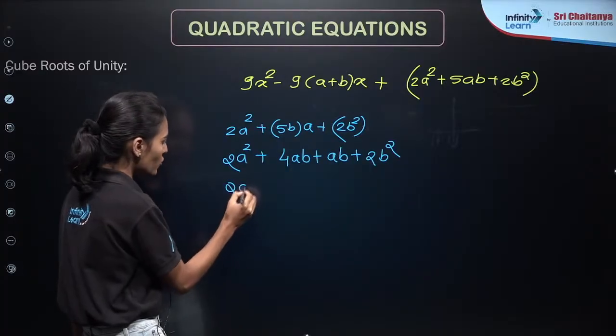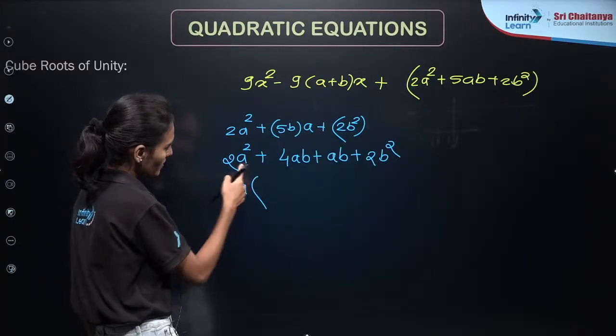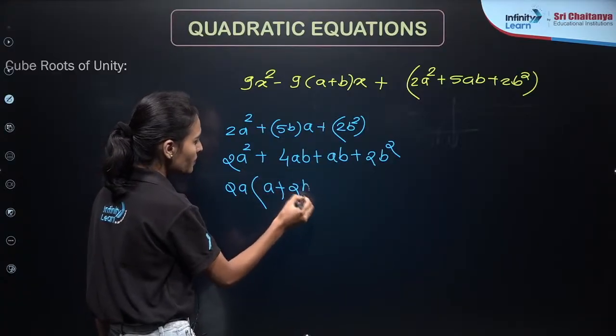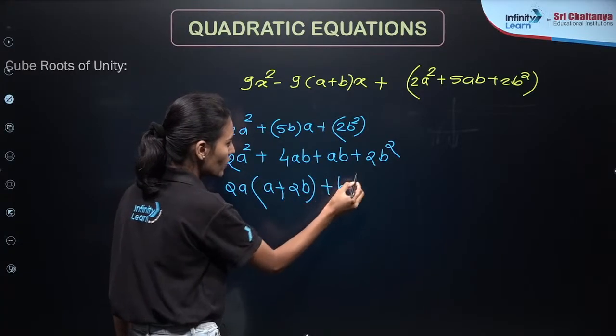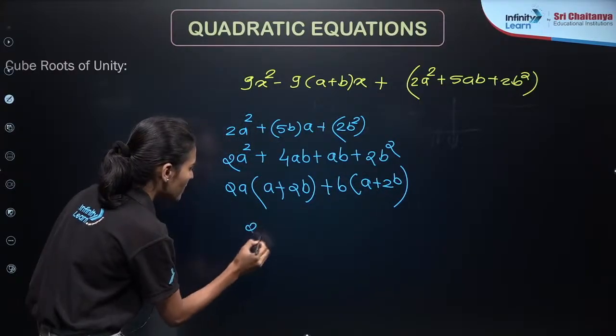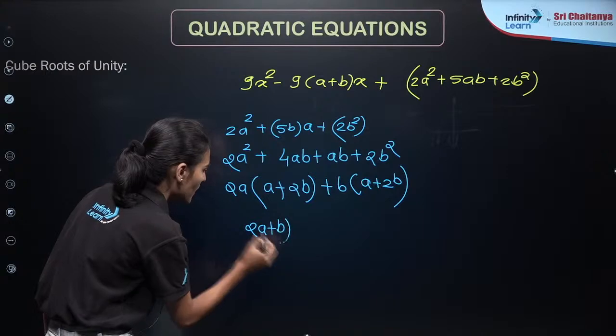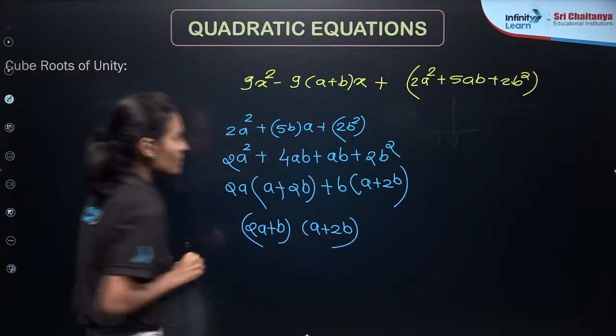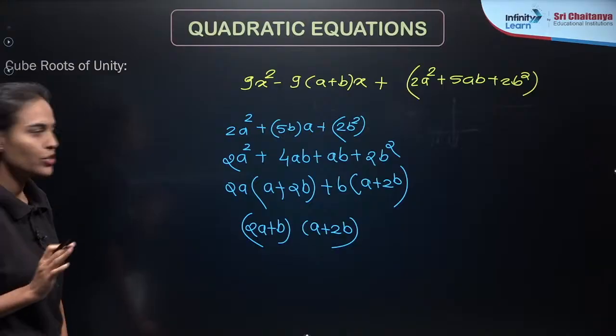So here if you take 2a common, inside you will get here a, and here you will get it as 2b, and here if I take b common, inside you will get a plus 2b. So here you are getting factors as 2a plus b and then a plus 2b. This first work we should do.